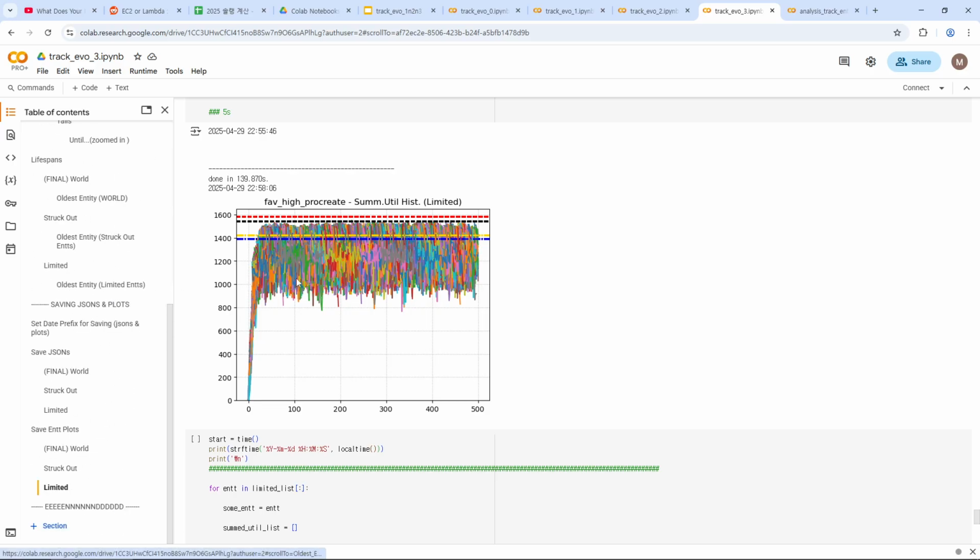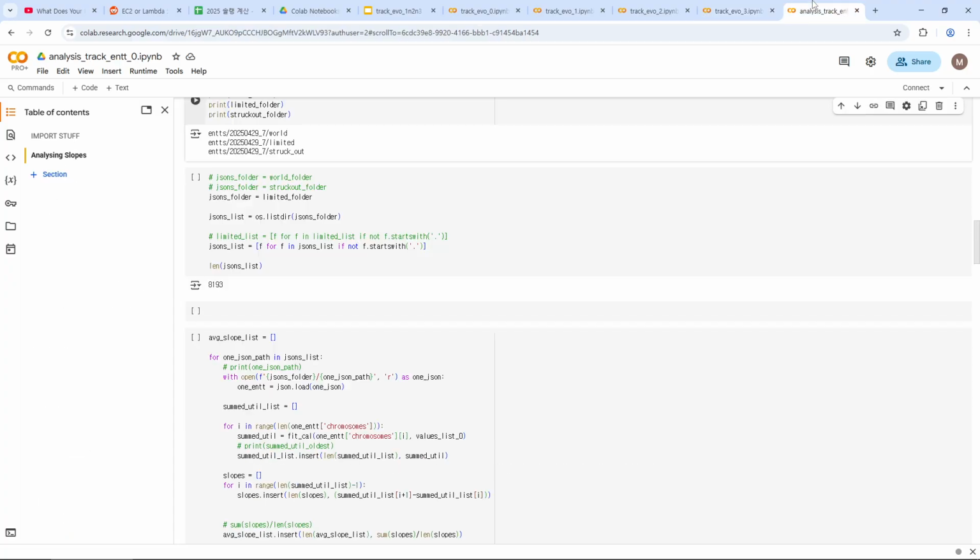Yeah, and do a whole grid search, on grid search dependent on the learn rate and from what point to what point within the world of entities should be given the chance to learn. Yeah, that's about it.